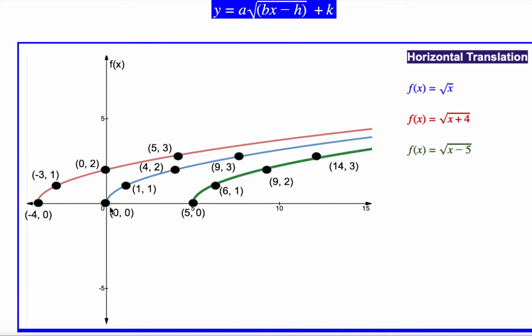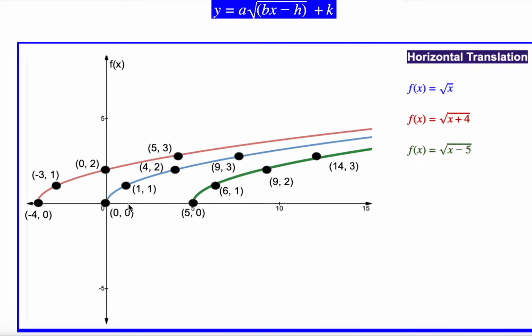So here is the parent function and the points of the parent function that lie on the graph. I took about 3 points. And as you see here, the red one is moving 4 units to the left, and the green function is moving 5 units to the right.